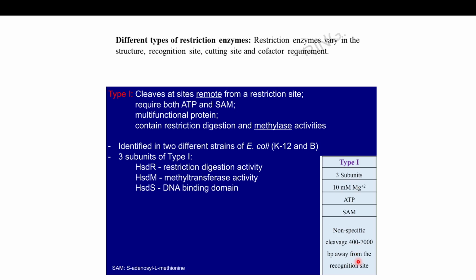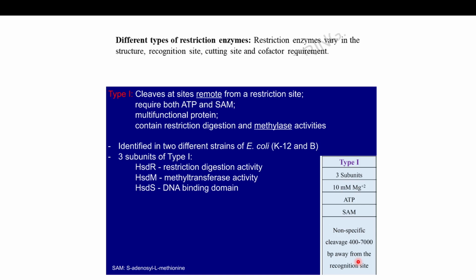I think in the lecture videos, it says it's around 1,000 bases. So in the range of thousands, the recognition sequence is, suppose, GTTCCC, but it is cutting at some other sequence around 1,000 base pairs or thousands of base pairs away, maybe between C and G, somewhere away.